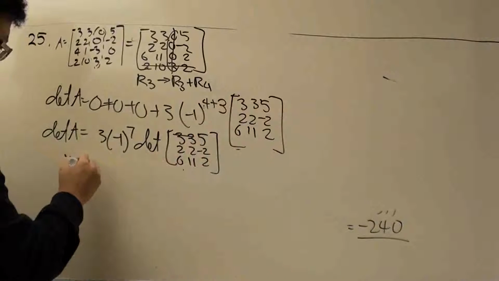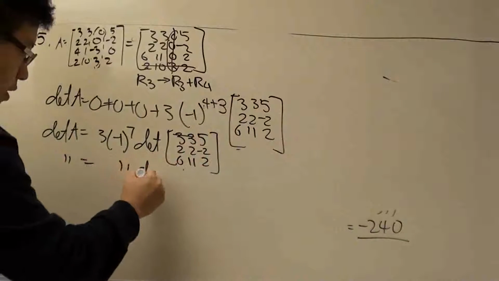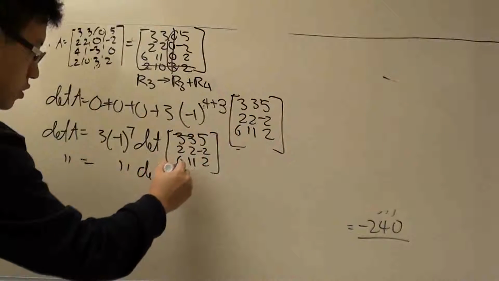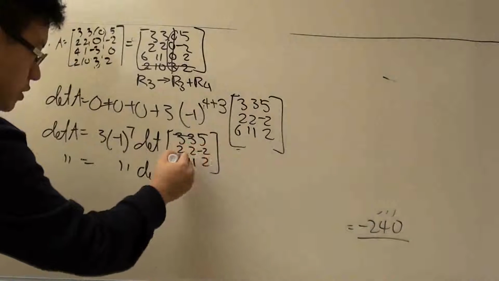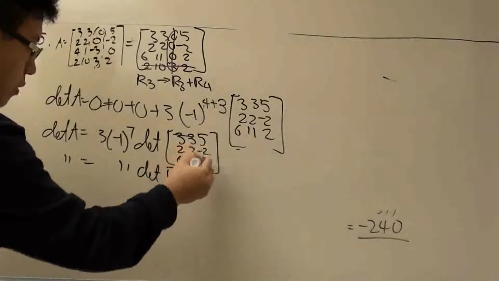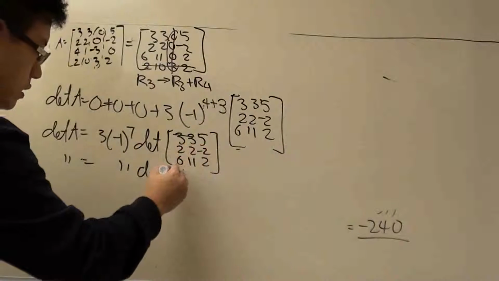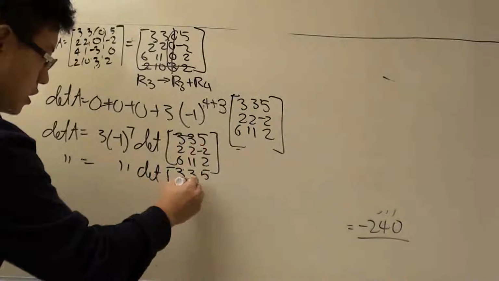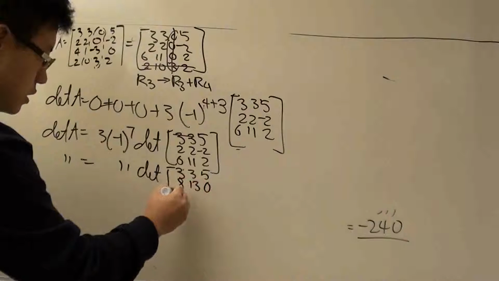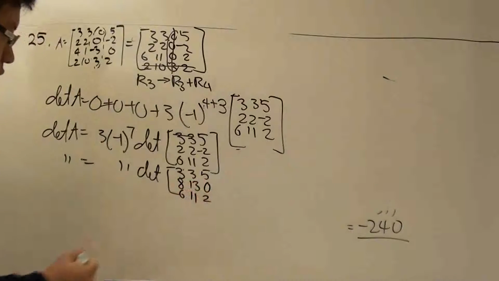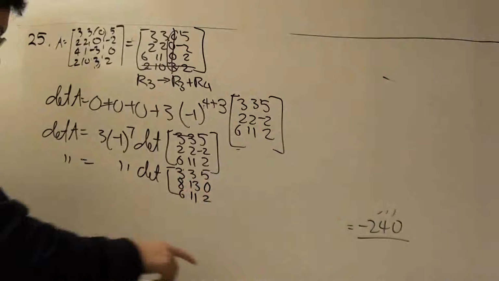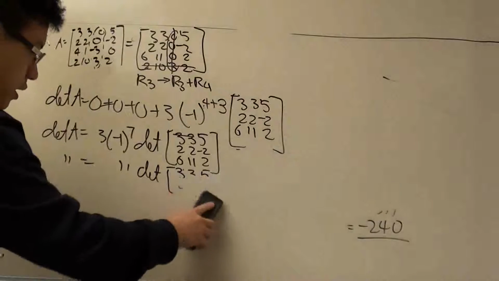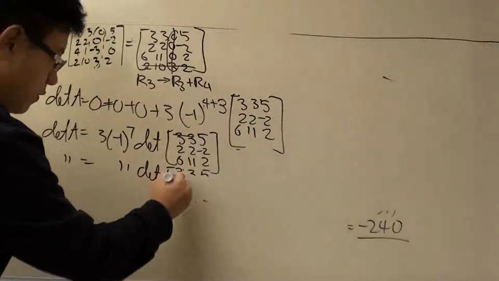Same thing, determinant, but I will change this because I want 0 somewhere, right? So I want to get rid of that. So it's going to be 3, 3, 5, and 8, 13, 0, 6, 11, 2. Actually, the numbers are getting a little big, not that it matters.